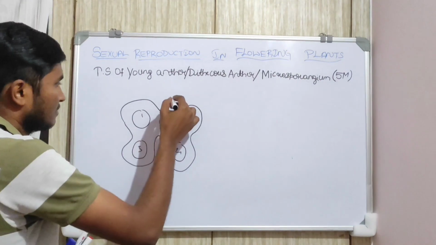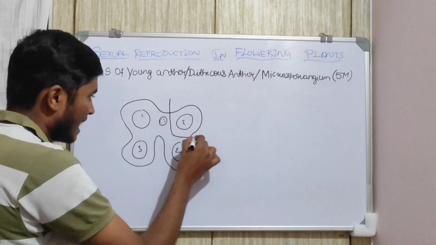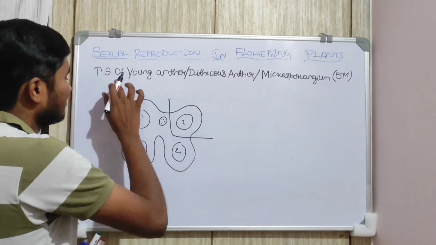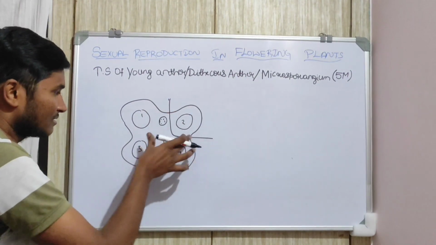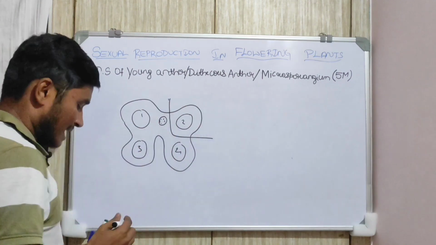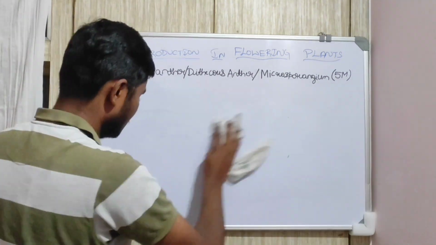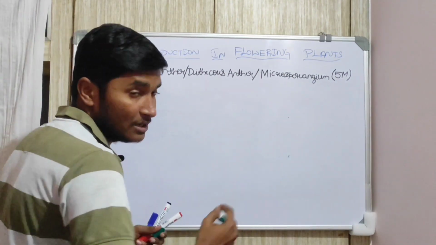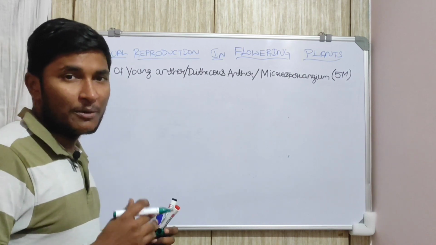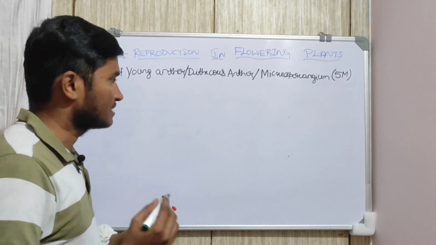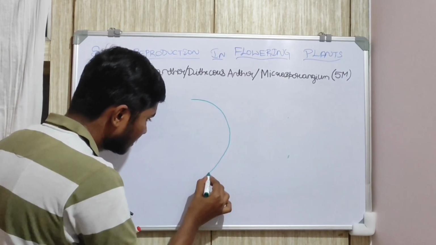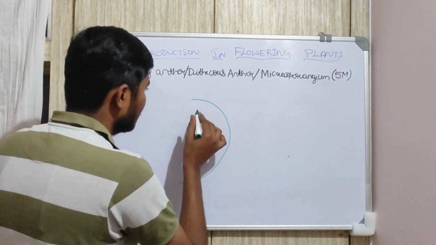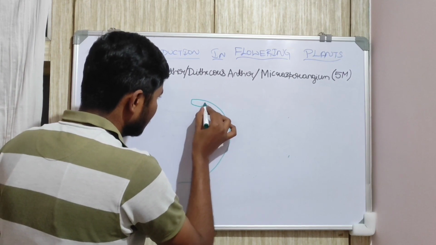Next we have to study the typical microsporangium structure. So I am going to enlarge one portion of the anther. We know that the microsporangium appears like a circular outline structure. The outermost layer of the microsporangium is the epidermis.